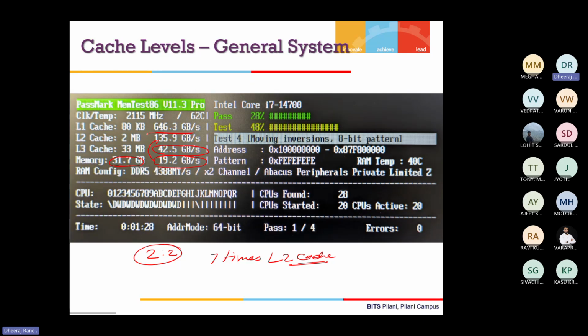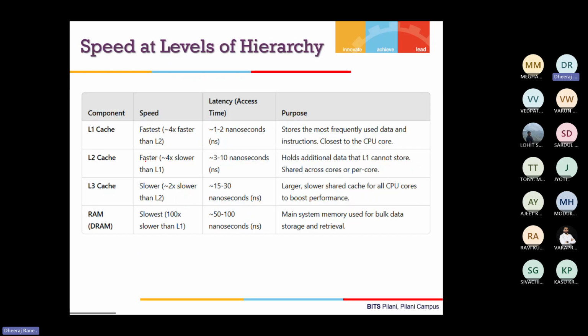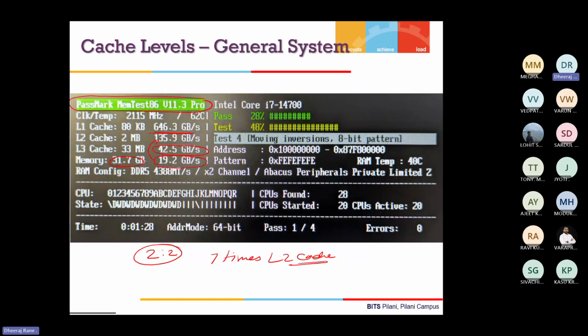So there was one memory test application. We have executed that application. If you see, this was the application we have executed, Passmark MemTest 86. That usually does various tests and calculates the speed, right? So it's a huge difference, and that's why we have seen in the last session that the difference is huge. And this is about the memory only.